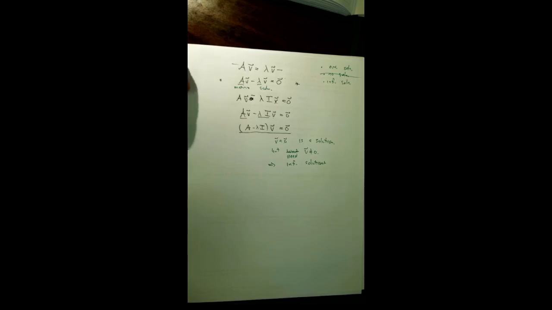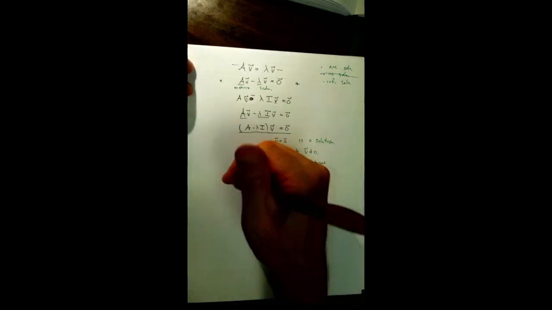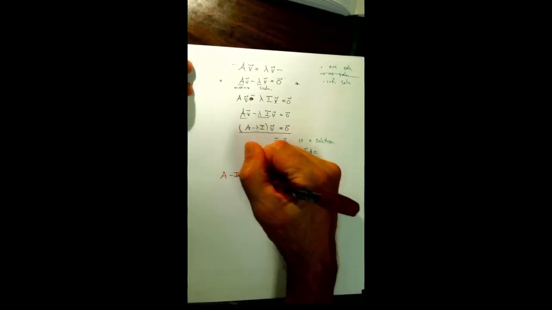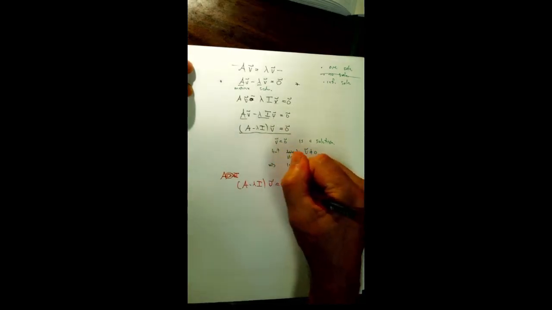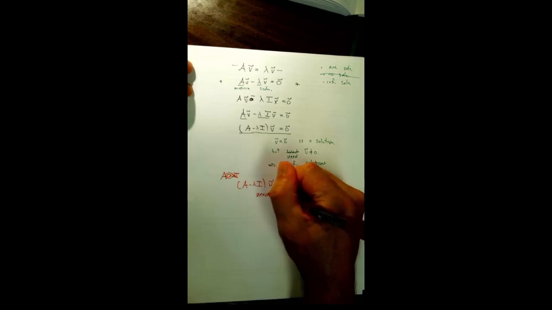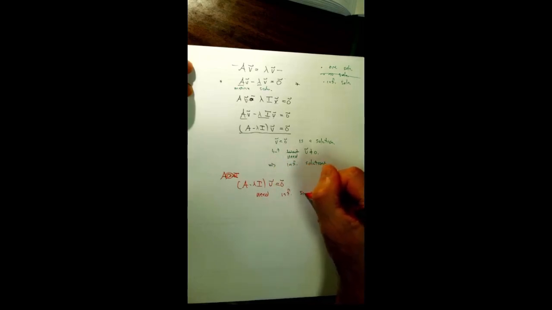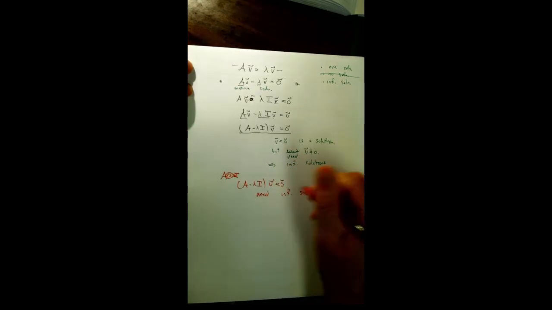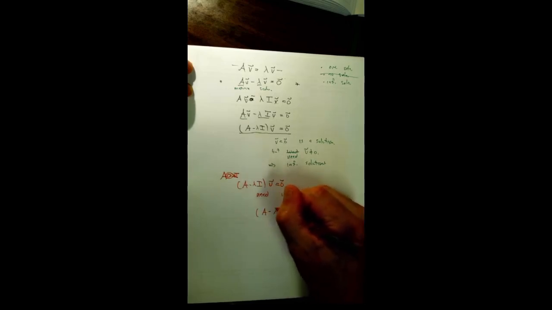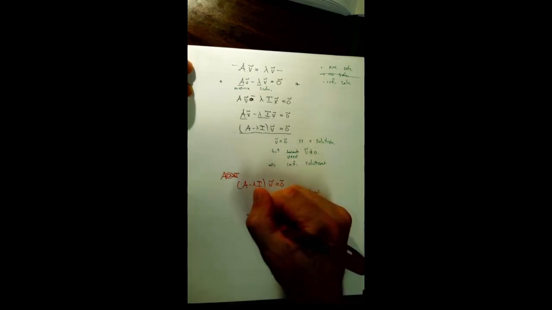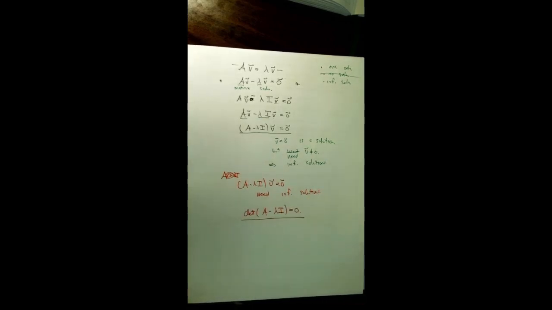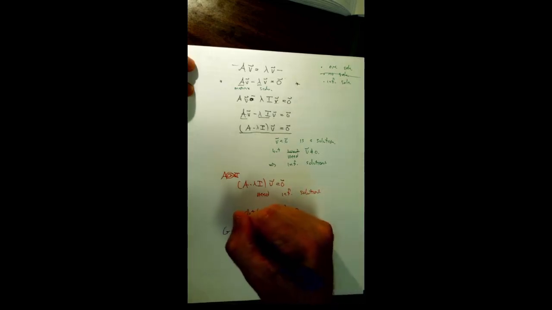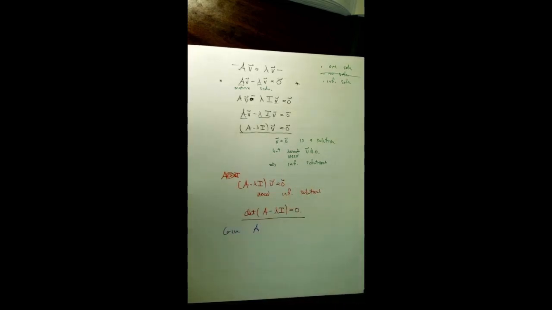Okay, so we have A minus lambda I times V equals 0. I need infinite solutions. And the only way that's going to be true is if this matrix on the left has a determinant of 0. So what's going on? We are given A. That's the only information we have.